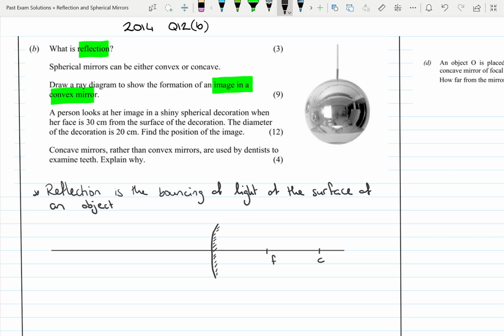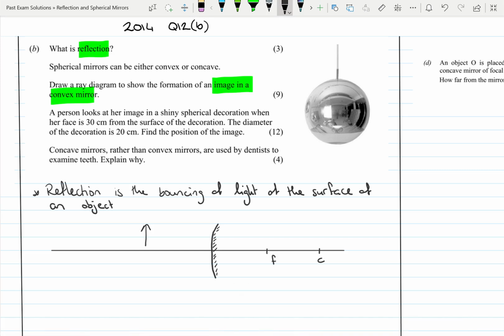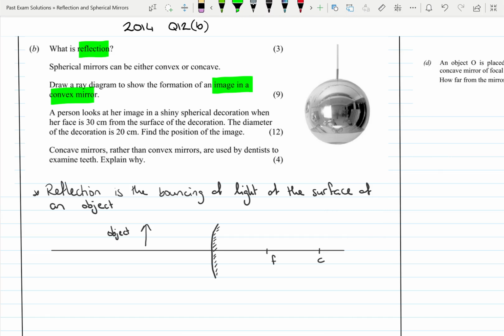Up next, we're going to place our object in front of our mirror. That's the object, just a simple arrow. And we're going to start drawing our light rays now. First light ray: in parallel to the principal axis and out, it has been reflected off the surface as if it's coming from the focal point.